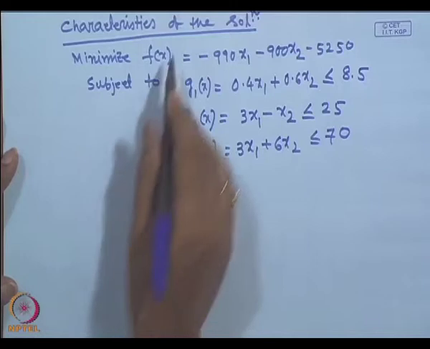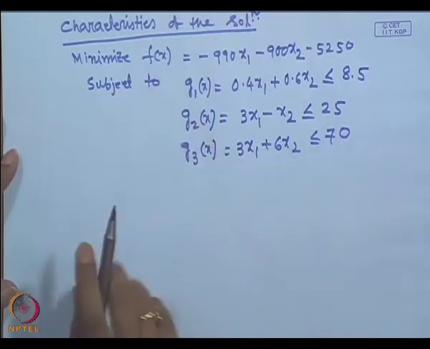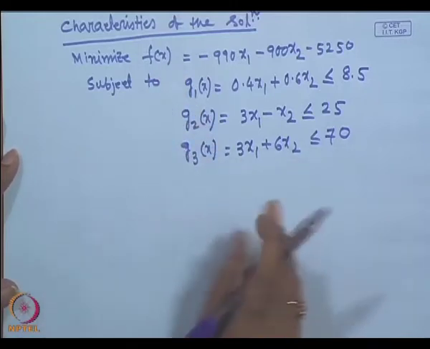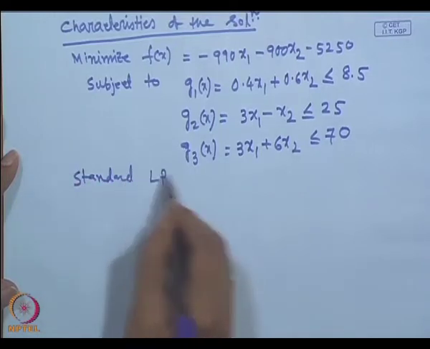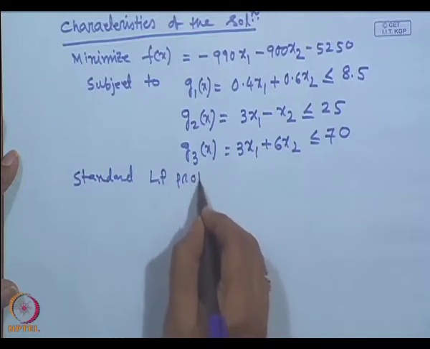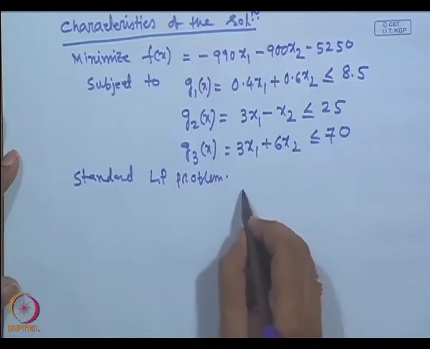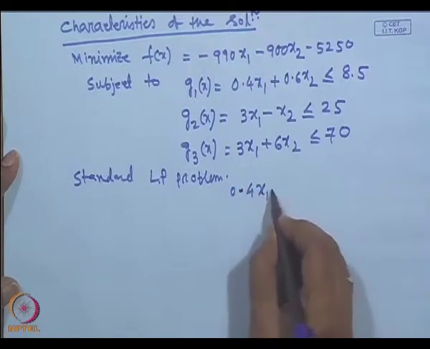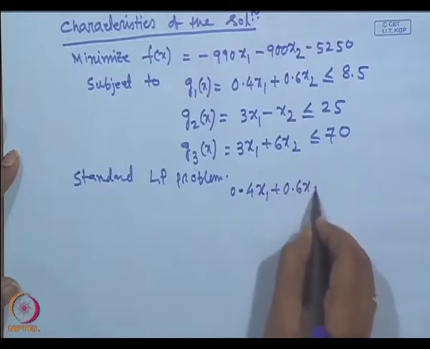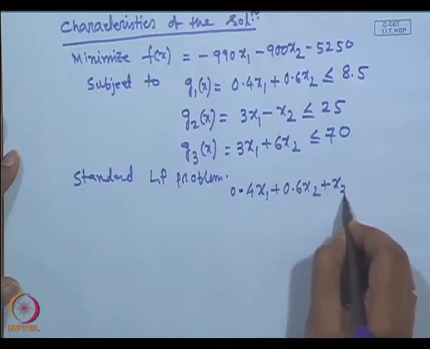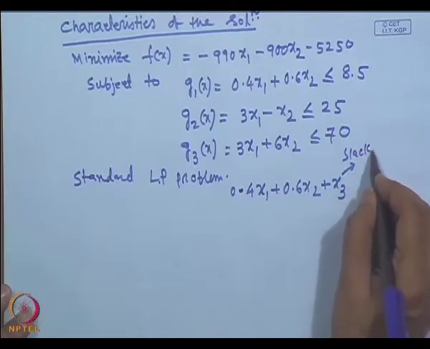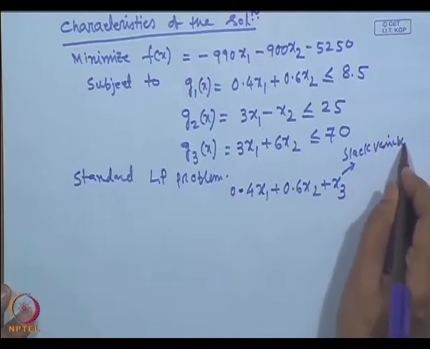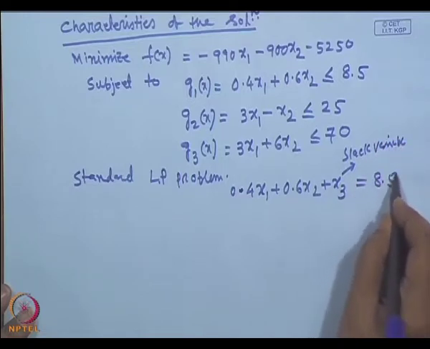So, one can easily convert this first to a standard LP problem. So, 0.4 x 1 plus 0.6 x 2 plus a slack variable x 3, this is a slack variable in order to make it an equality.